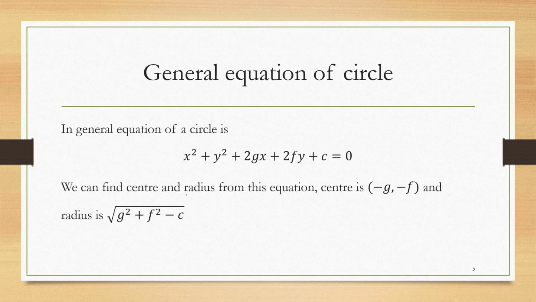We can find center and radius from this equation, that is center is obtained by (minus g, minus f), that is minus of coefficient of x upon 2 and minus of coefficient of y upon 2. And radius is given by square root of g square plus f square minus c. Let's see examples.